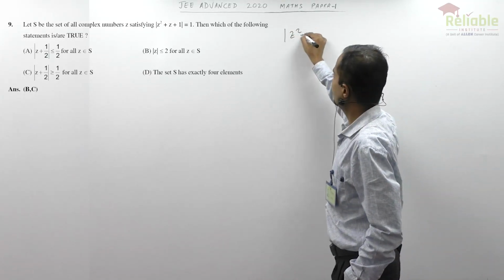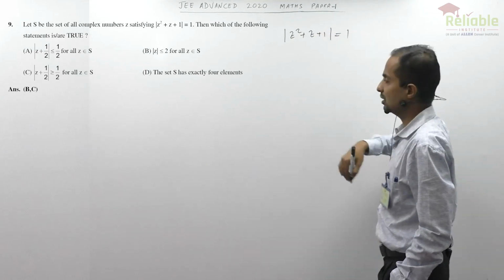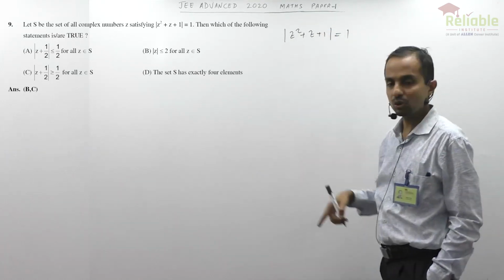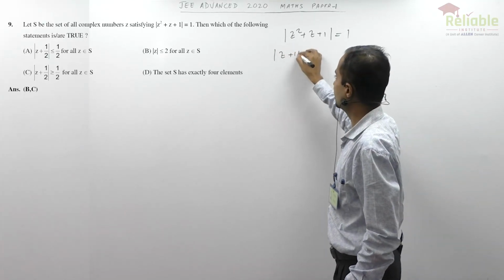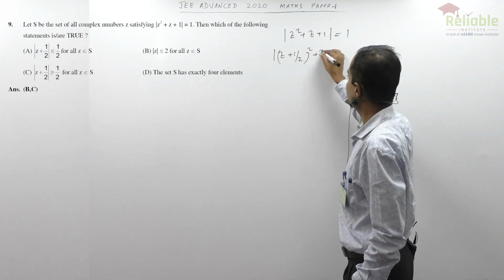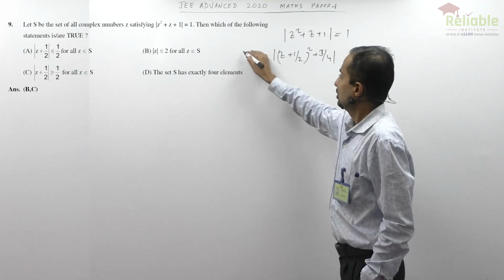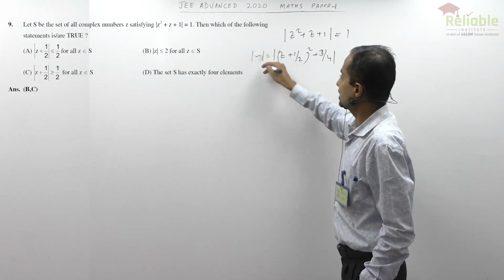In this question, we were given modulus of z square plus z plus 1 is 1. And then we have to find some bound on z plus half. Z plus half reminds us of perfect square, so that is the thing, right? 3 by 4. So this whole modulus is equal to this.